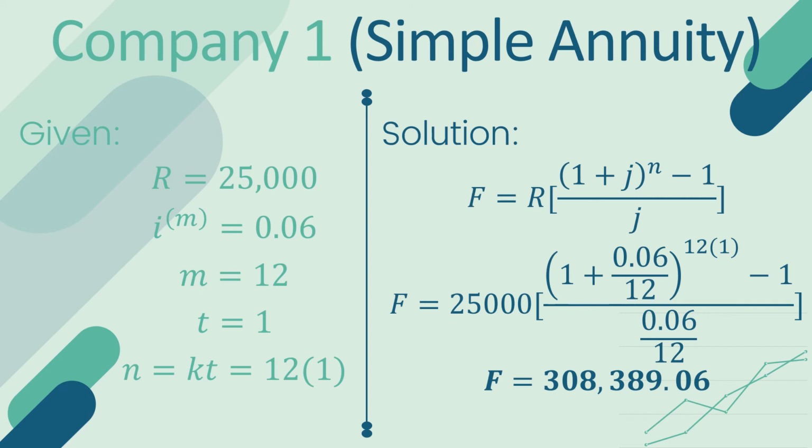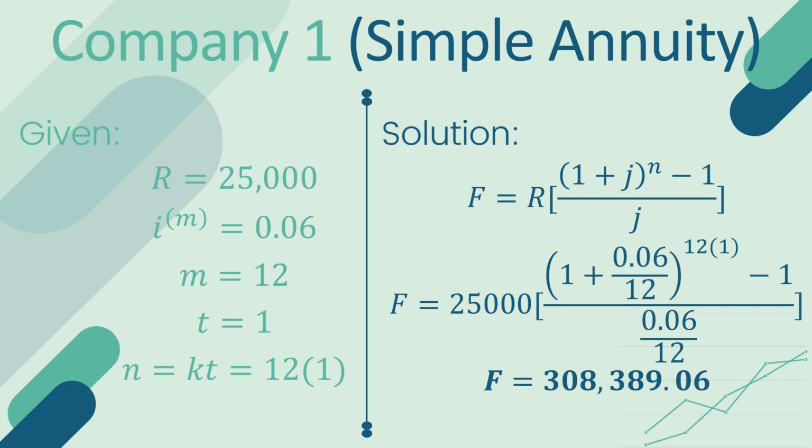The term of annuity is 1 year and N is 12, computed by multiplying K and T. This is a simple annuity, so we will look for its future value using the formula F is equal to R times 1 plus j raised to n minus 1 all over j.